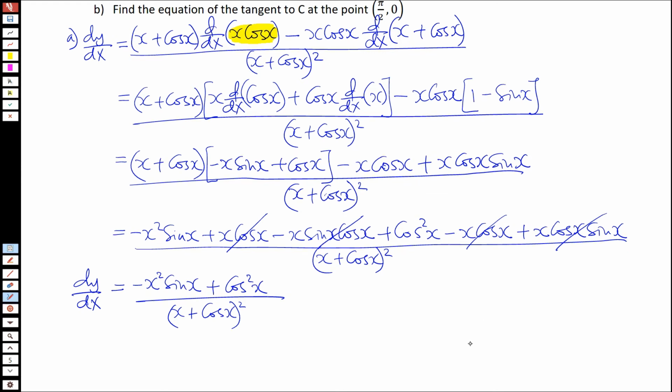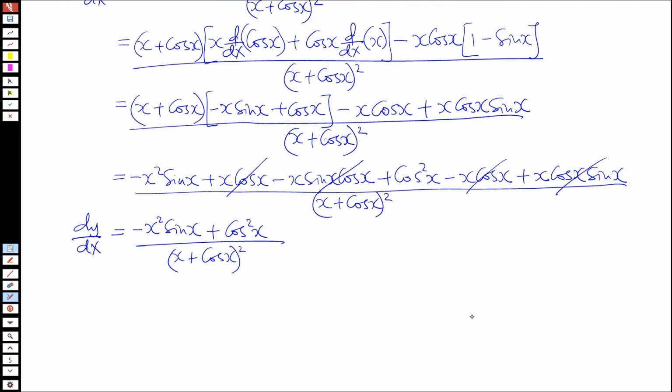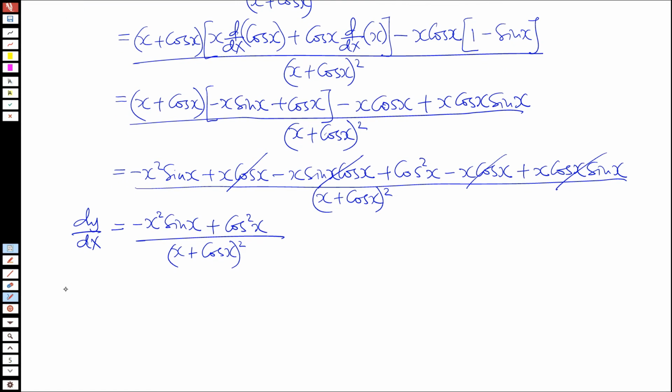Now for part B, we want to find the gradient of this function at x is equal to pi over 2. So at x equals pi over 2, we shall find the gradient of this function, which is the same as the gradient of the tangent, and then we use that to find the equation of the tangent as required.